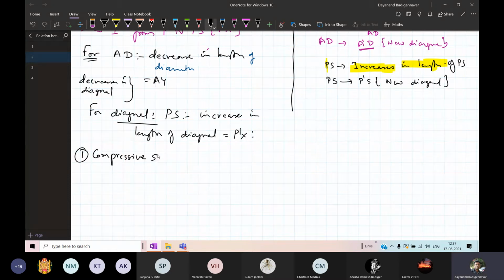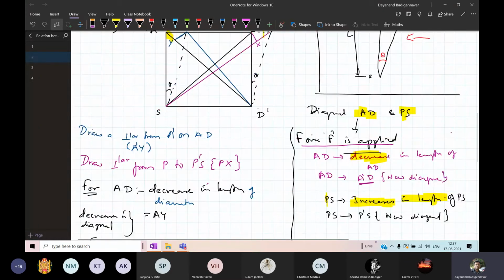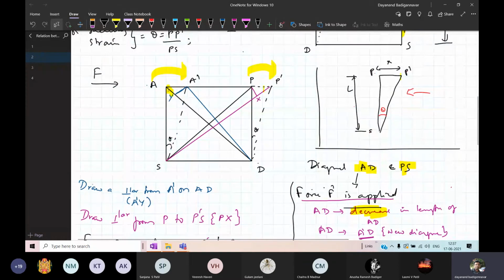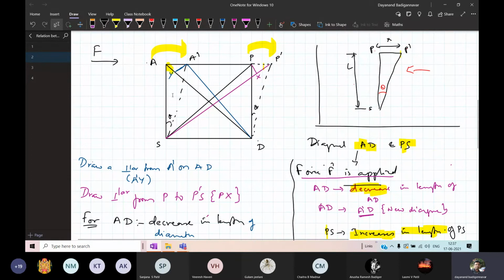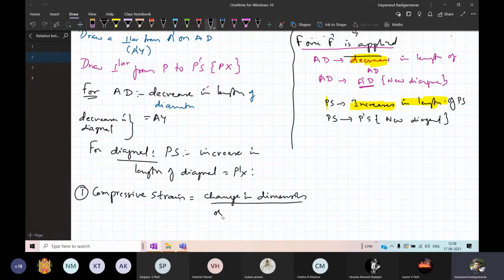What is compressive stress? Compressive stress is obtained in the diagonal AD. How much is the compression? The compression is A dash Y. So it's a strain, not stress. Sorry, it should be written as strain. So compressive strain is change in dimension to the original dimension.